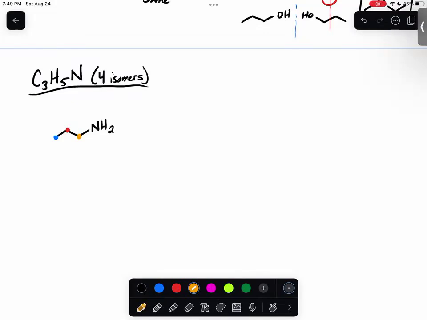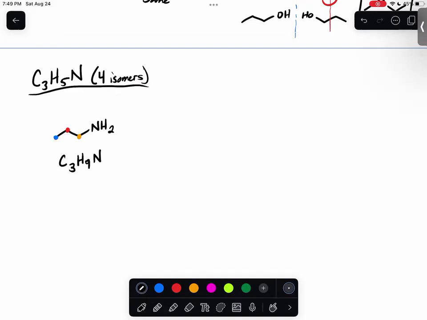So if we're taking a look at what those are, this right here would have a formula of C3H, that'd be, I think, 7, right? 3, 5, 7. This would be 9. C3H9N. So we have to find a way to decrease the number of hydrogens that are in this.